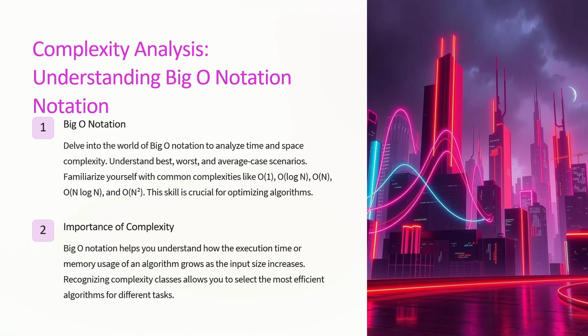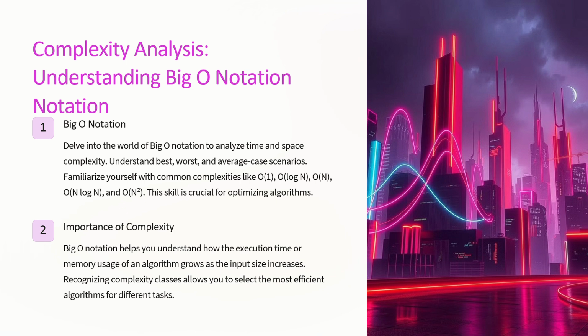O(log n) is logarithmic time, binary search. O(n) is linear time, traversing an array. O(n log n) is log-linear time, merge sort. O(n square) is quadratic time, nested loops in bubble sort.